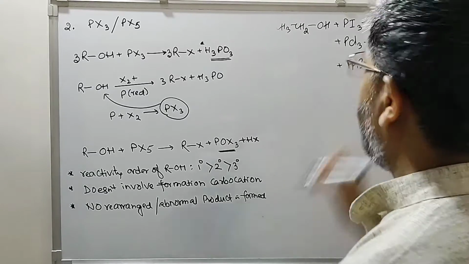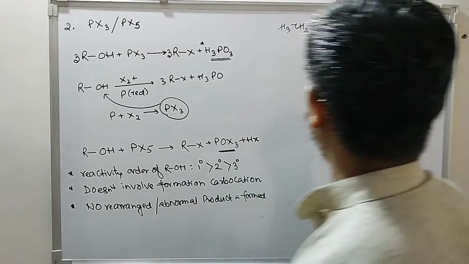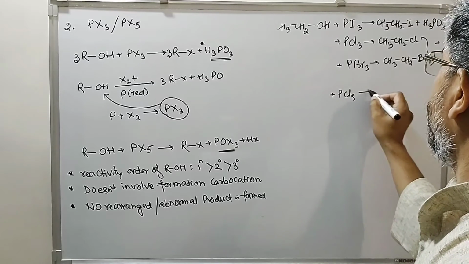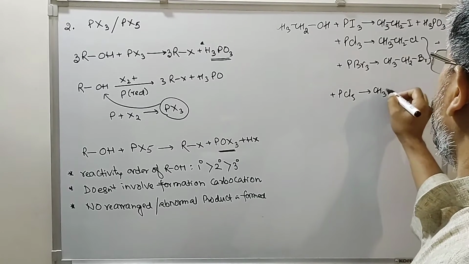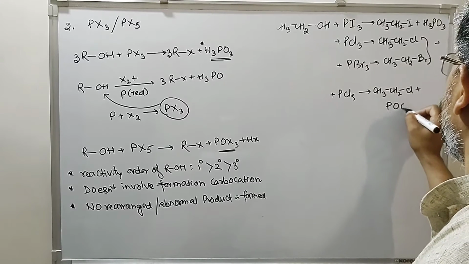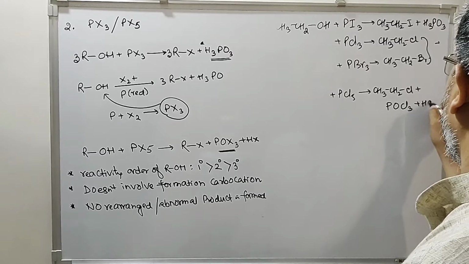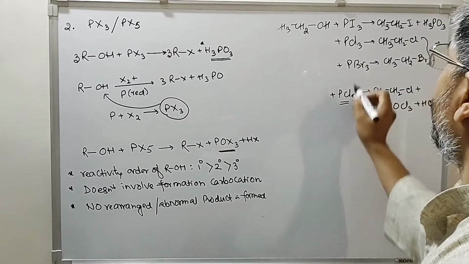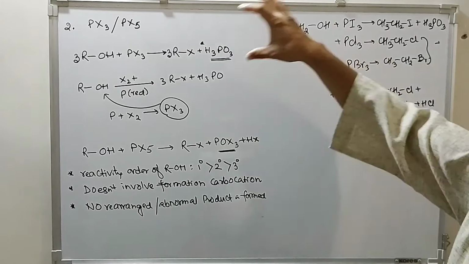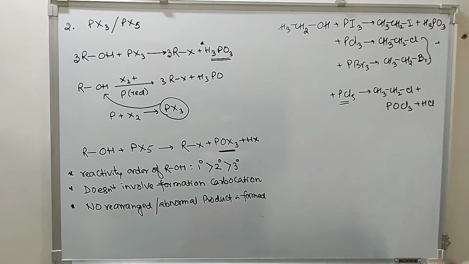Side product is the same, H3PO3. Take this, it reacts with PCl5, and this gives you CH3CH2Cl plus POCl3 plus HCl. This is PCl5, this is PX3. So this is how alcohols can be converted to alkyl halides by reaction with phosphorus halides. So we may take up trihalide, we may take up pentahalide.